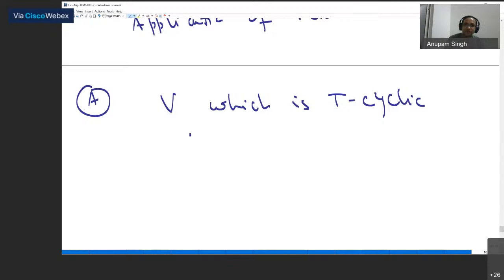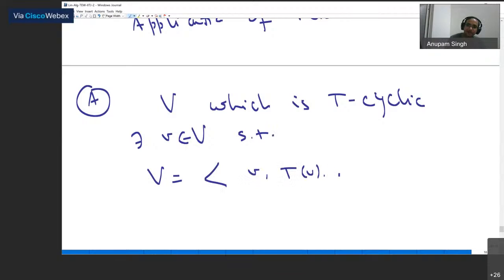So when I said that V is T cyclic, that means there exists some vector v in V such that V is basically spanned by finitely many vectors v, Tv, T squared v, and so on. Let's say it is T to the power k minus 1 of v.